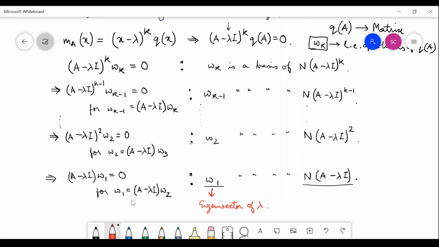And those basis vectors are related to each other by a simple relation, like omega i equals A minus lambda I times omega i plus 1. With that simple relation, all the eigenvectors are related to each other.